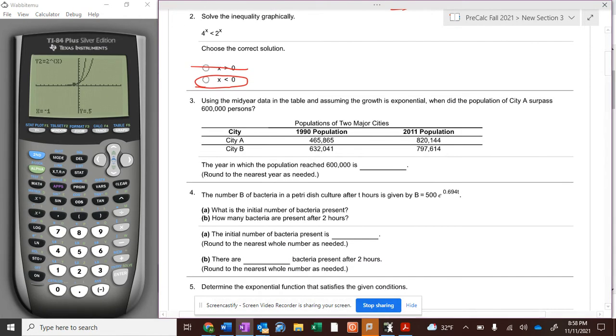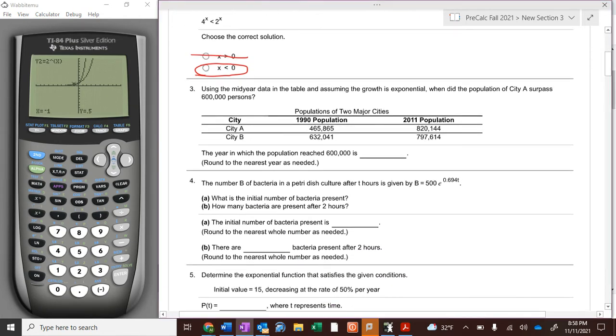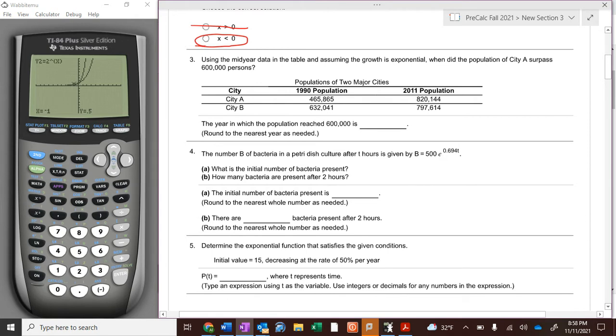Okay, moving on. All right, populations of a couple cities here. City A, City B. 1990 population, 2011 population. They're both growing.